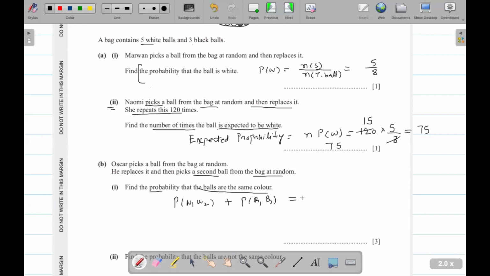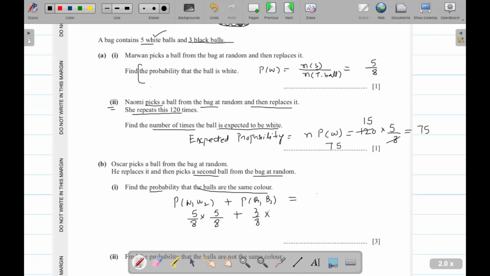The probability of a white ball, here our white is 5 out of 8, so we write 5 over 8. For the next ball, since the first ball was replaced, the balls remain the same, therefore the probability of a white ball will be 5 over 8 also. And the probability of a black ball when the first ball is black: there are 3 black balls out of 8, we write 3 over 8, into the second black ball he picks after placing the first ball back in the bag.